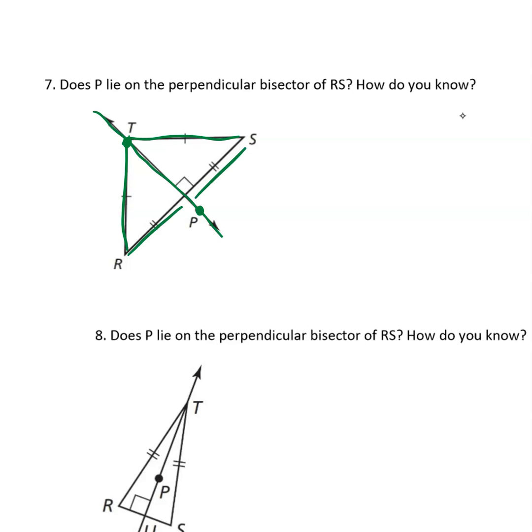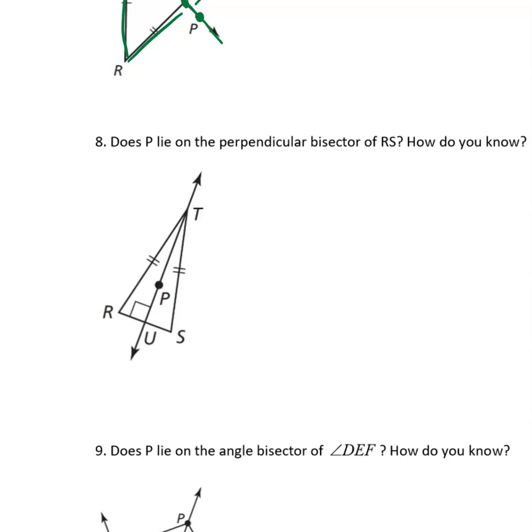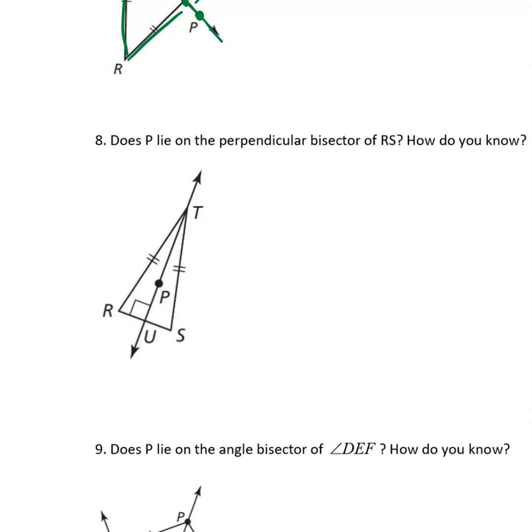We know that these two sides are congruent and that we have a right angle, so P is on the perpendicular bisector. Number 8 says, does P lie on the perpendicular bisector of RS? So P is on the same line that T is on, and T is equidistant from R and S, so P is on the perpendicular bisector.